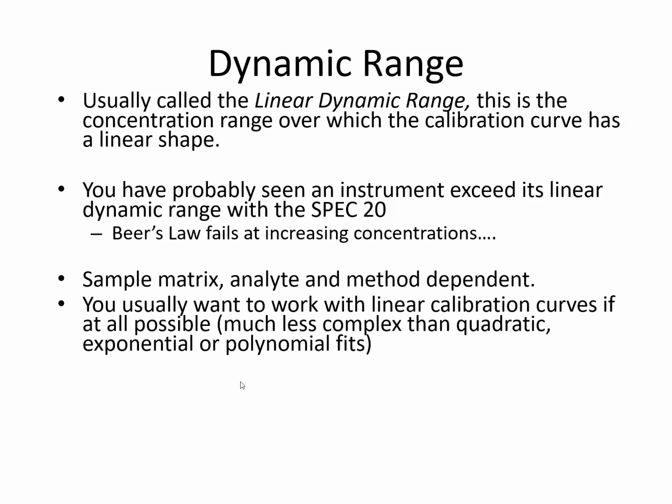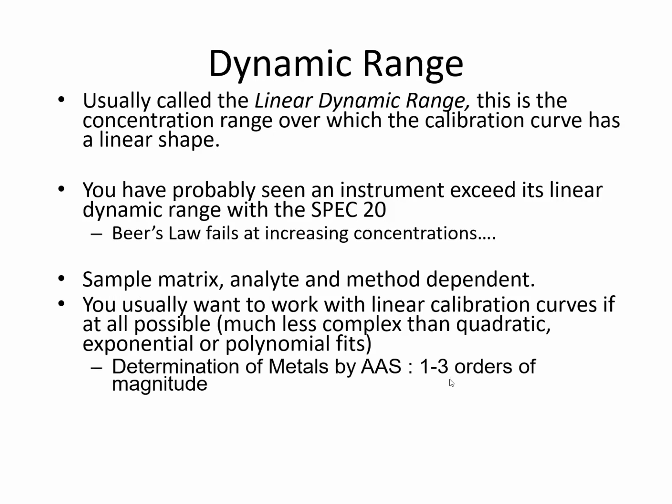You usually want to work with the linear calibration curve, or within the linear range, if at all possible. It's much less complex than fitting a graph into a quadratic, an exponential, or a polynomial fit. So you normally want to work within the linear range.